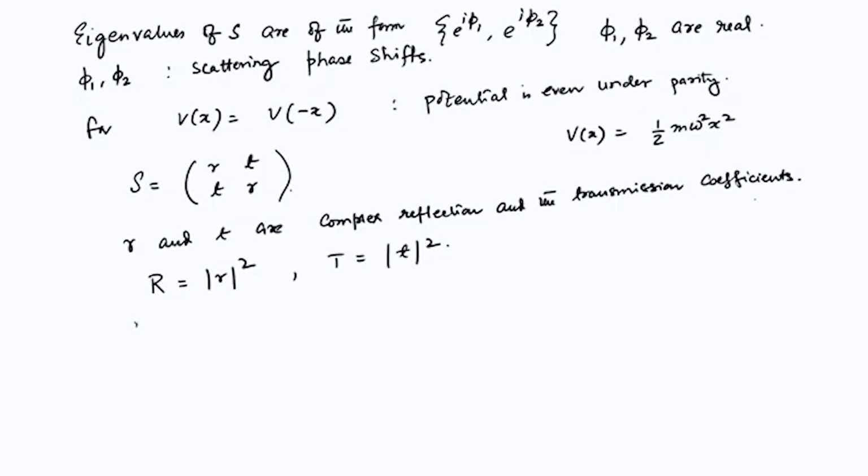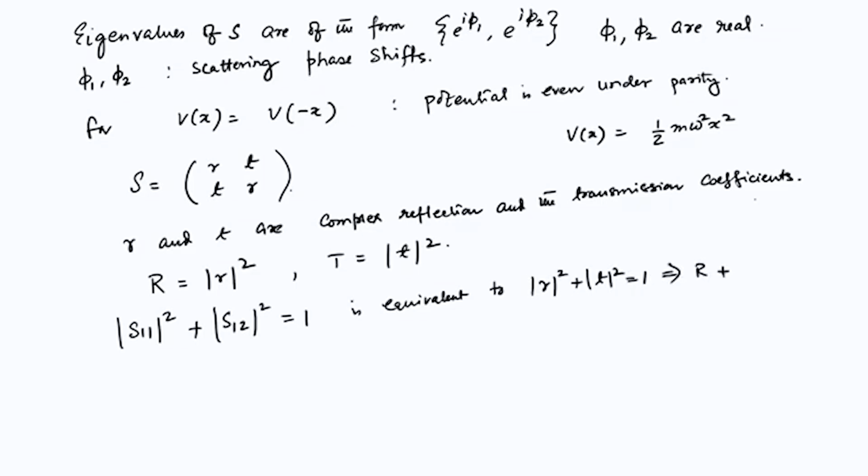Now S11 mod square plus S12 mod square equal to 1 is equivalent to r square plus t square equal to 1, or capital R plus capital T equal to 1, which it has to be because the reflection plus the transmission probabilities should add up to 1.